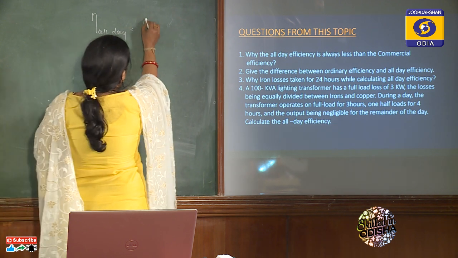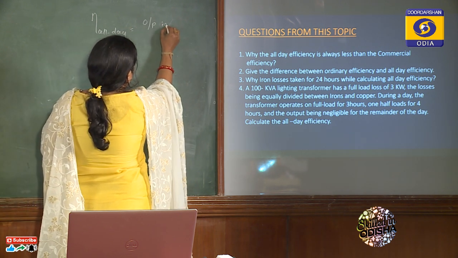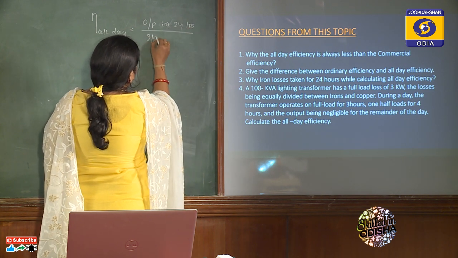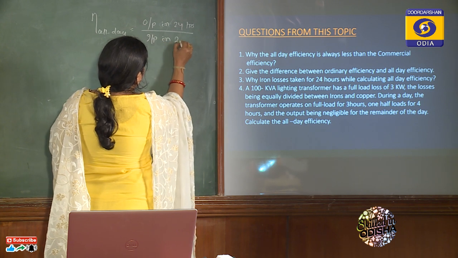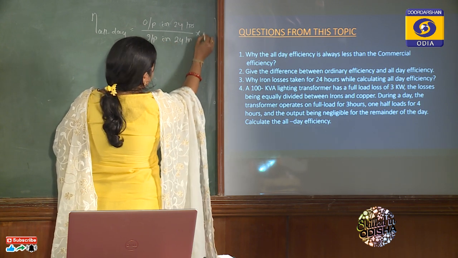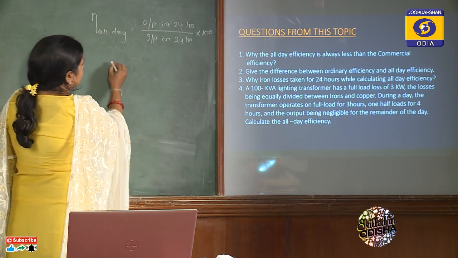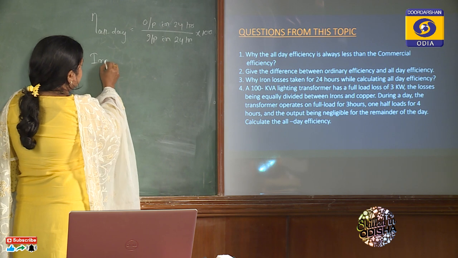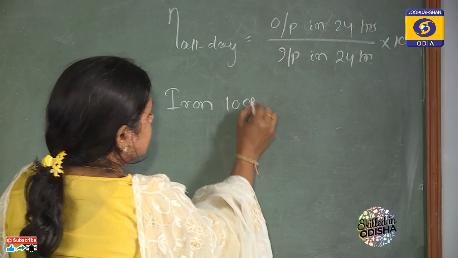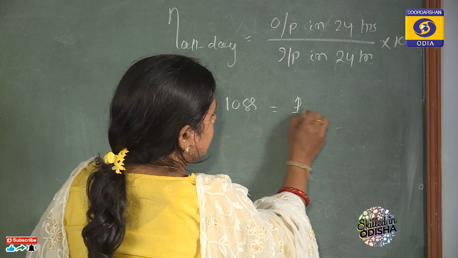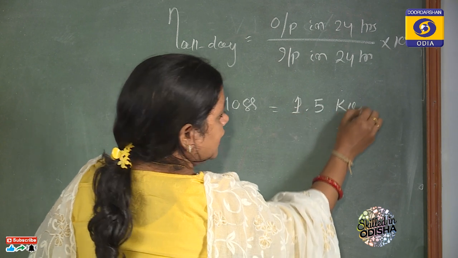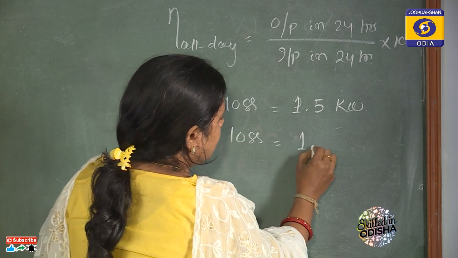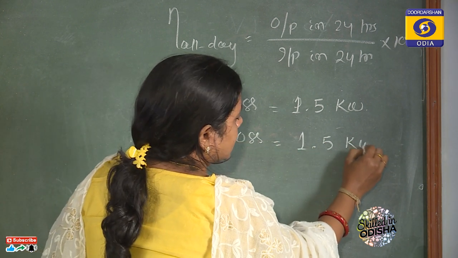So all day efficiency is output power in 24 hours divided by input power in 24 hours into 100. Here the given full load losses is 3 kilowatt and it is equally divided, so iron loss is 1.5 kilowatt and the copper loss is also 1.5 kilowatt.